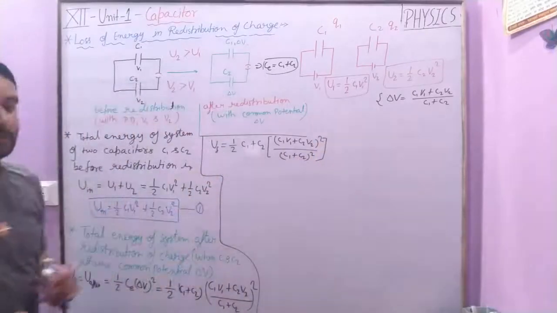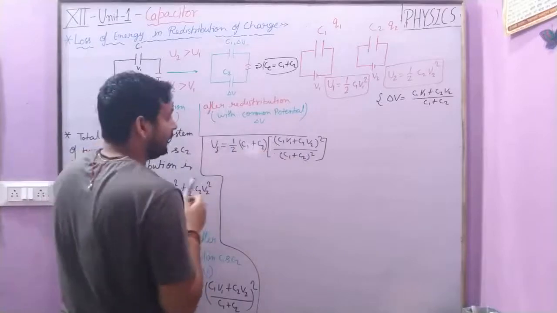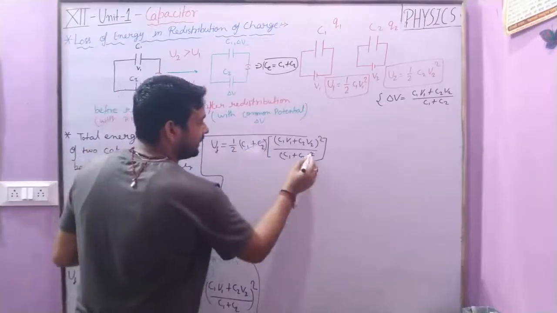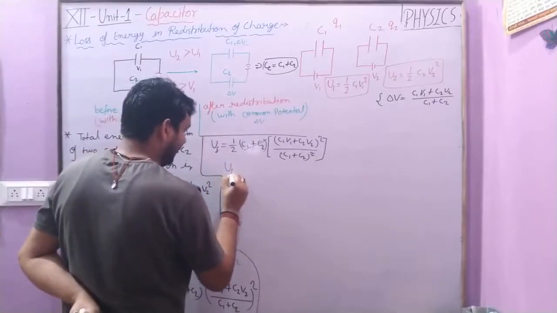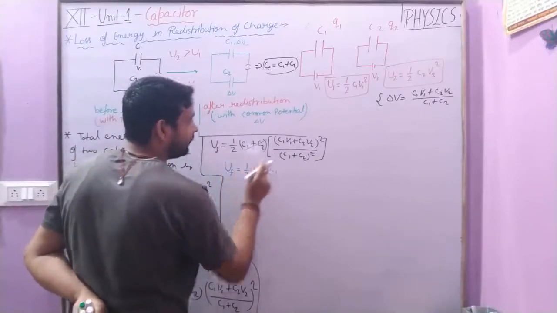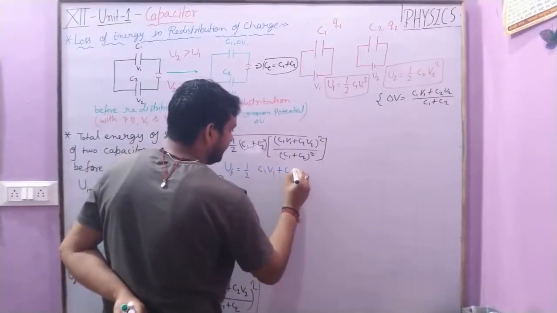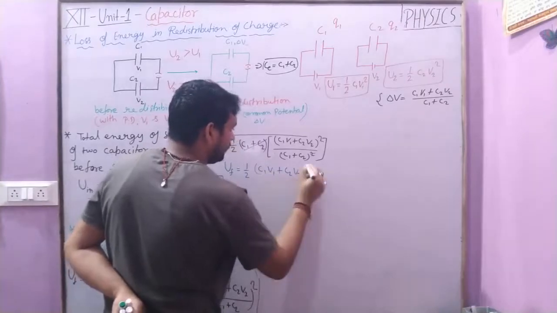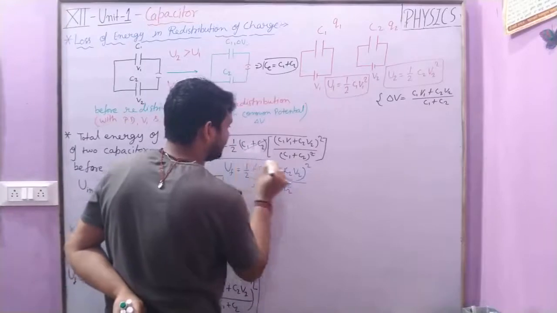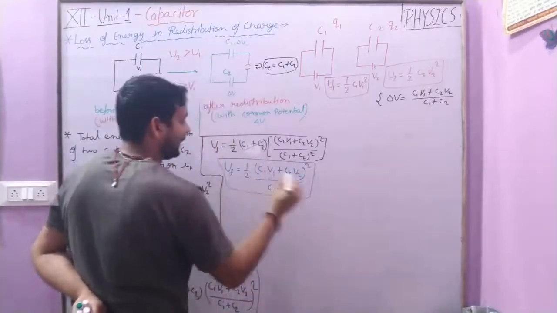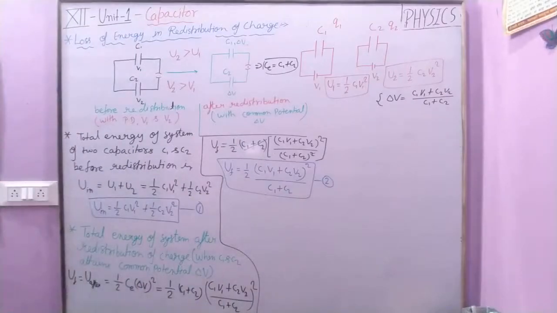As you understood here, this C1 plus C2 cancels the square and we get the final energy as half C1 V1 plus C2 V2 whole square upon C1 plus C2. This is the final energy after redistribution.